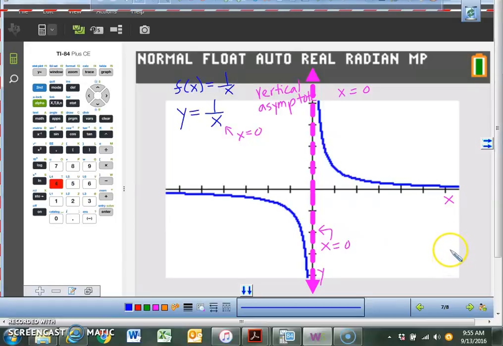Now, in this graph, we also have what's known as a horizontal asymptote. All right, I'm going to change the color here. We actually have a horizontal asymptote right here on the x-axis. By the way, what are asymptotes? They're basically boundaries. Sometimes, in some cases, the graph does cross them, okay?